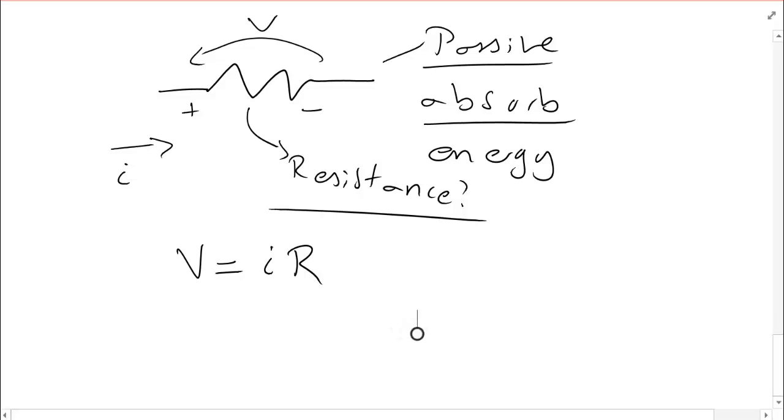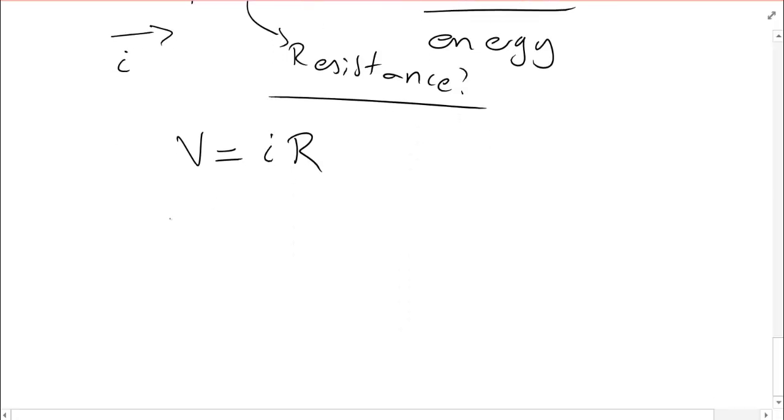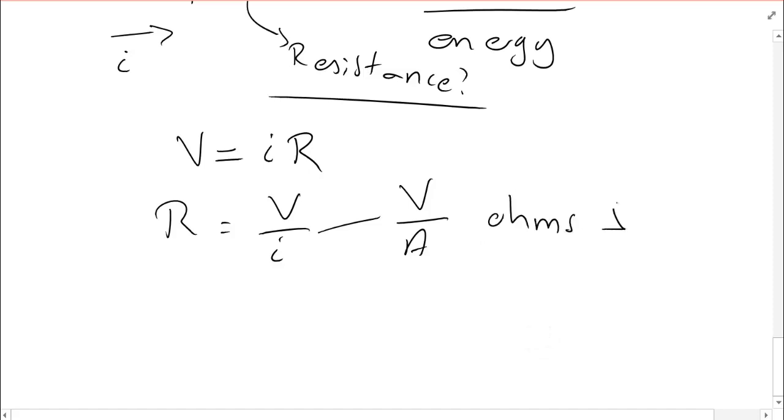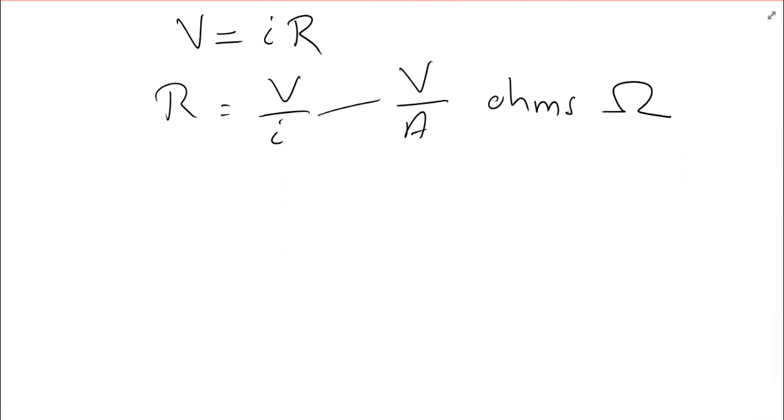We could solve for the resistance and we can develop now a new unit. Resistance is in volts per amp, which is shortened to ohms, given by the symbol omega. So, for example, I might say that I have a 1 ohm resistor.